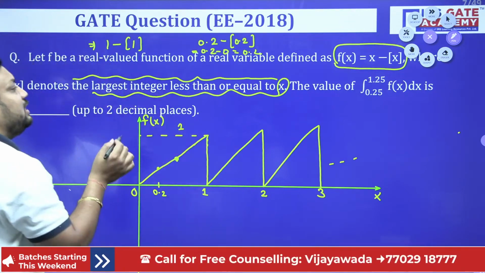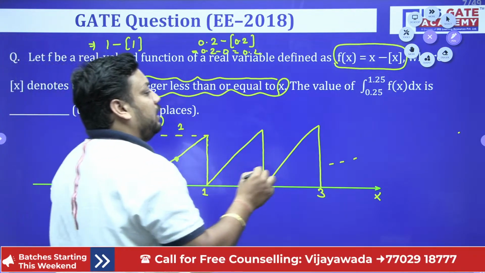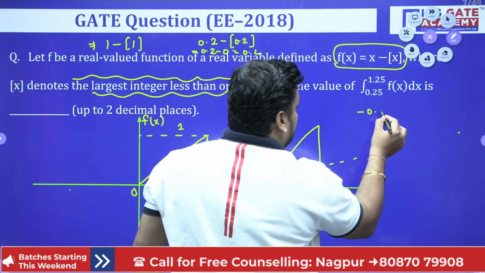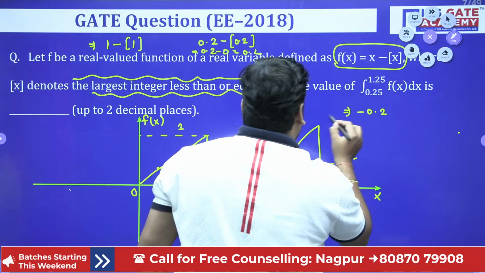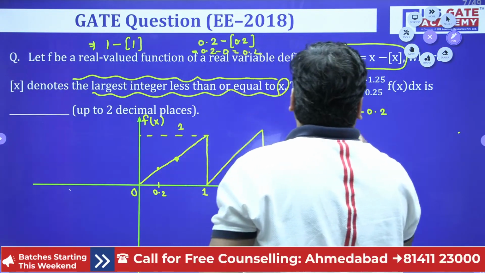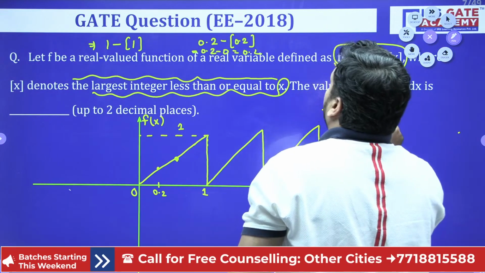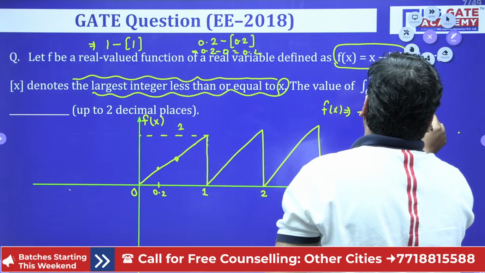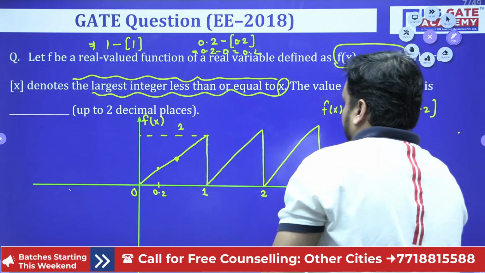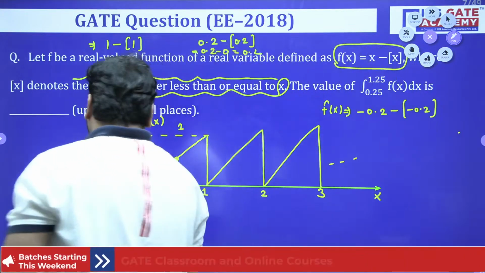Now tell me, as far as negative values are concerned, suppose I am taking the value minus 0.2. If x is minus 0.2, then what is my f(x), beta? Minus 0.2 minus bracket of minus 0.2.